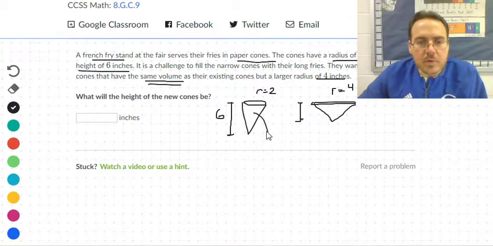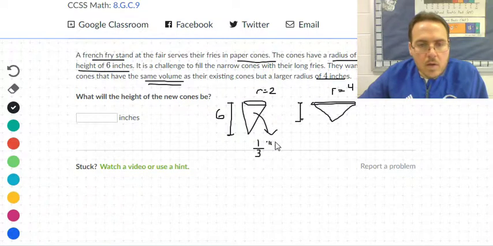Okay, so I guess the first thing we should do is figure out what is the volume of the original. So that'd be 1/3 pi r squared times the height. So it'd be pi over 1, 1/3 pi r squared, so it'd be times 2 over 1, times 2 over 1, times 6 over 1.